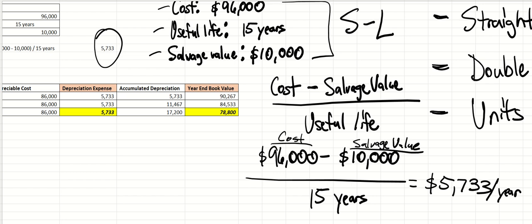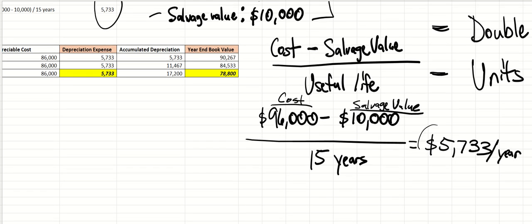So essentially the depreciation begins with $86,000, taking 96,000 subtract out $10,000. Okay, so that's why we're subtracting the salvage value from the cost. So per year, $5,733.